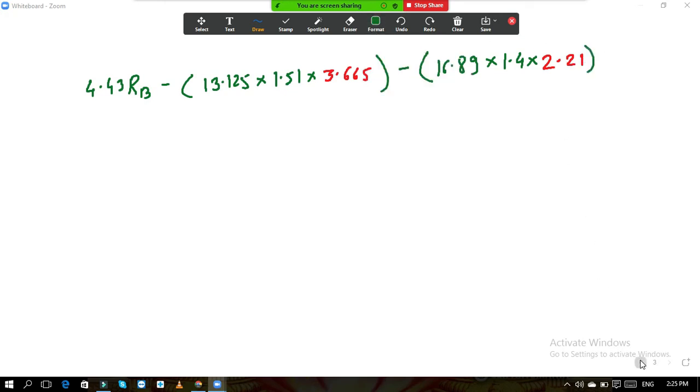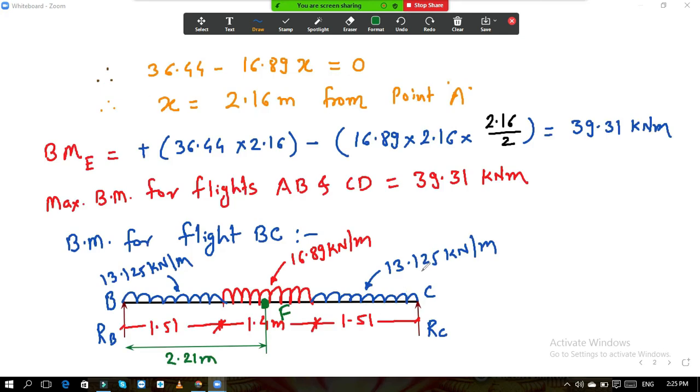Next, this UDL 13.125 into 1.51. So it is 1.51 by 2, 0.755.